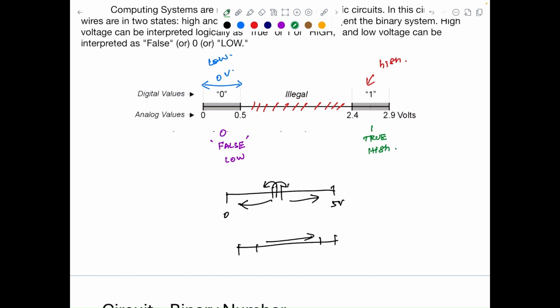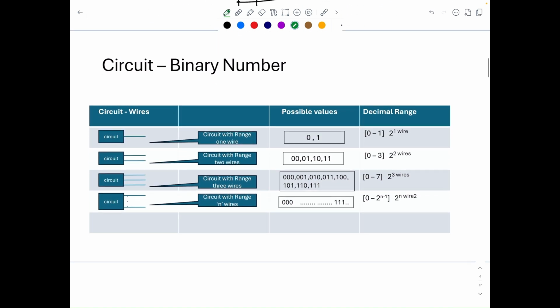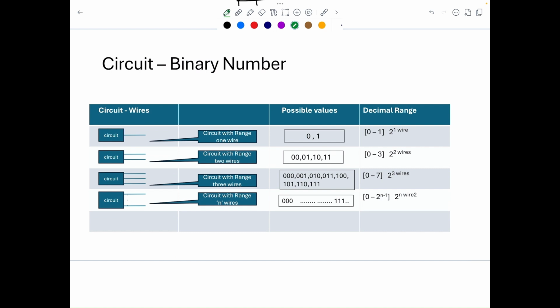So that is the reason, since we have only two states, that we have a binary number system in computers. Okay, so let's go deeper into how the circuits and binary number systems are connected.